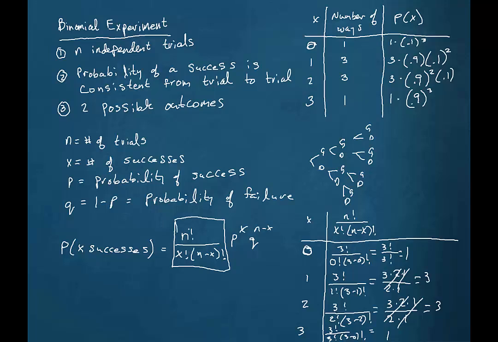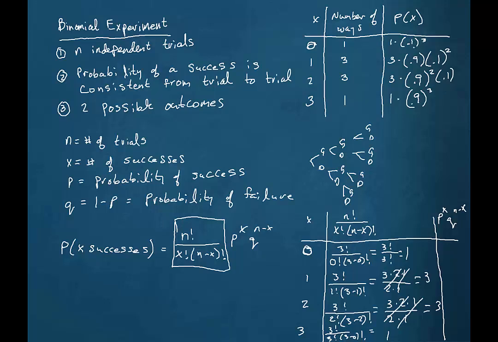It's calculating how many branches of this tree have that particular number of successes. And then the second part here, p to the x, q to the n minus x, is just going to give us these parts here where we have the probabilities multiplied.